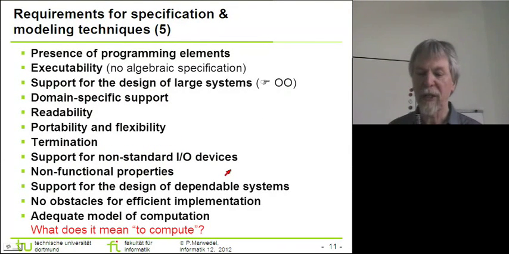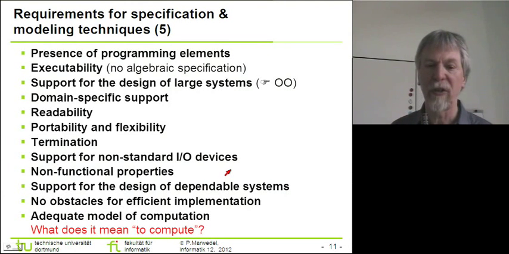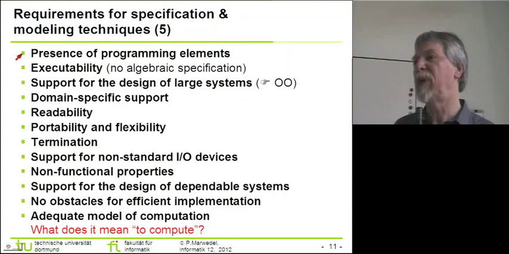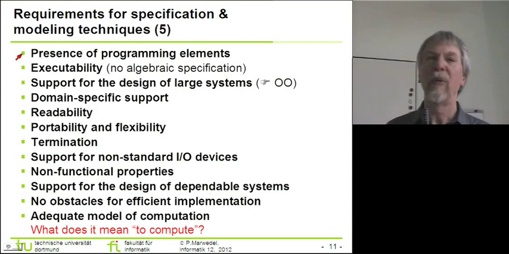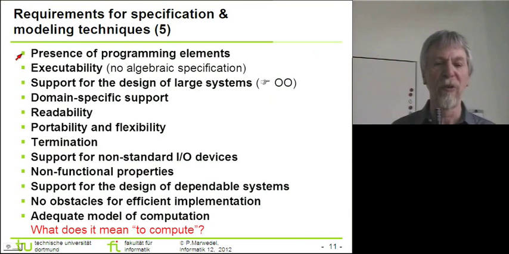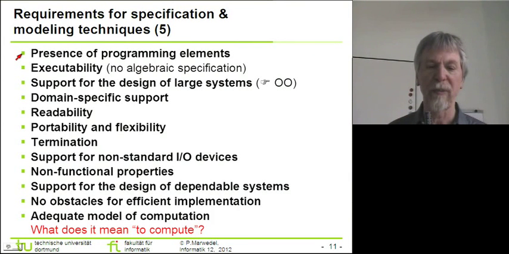Now there's a quite long list of additional requirements for specification and modeling techniques. For example, it would be very convenient to have programming language elements available. We know that for specifying complex algorithms, recursions, loops, etc. are very convenient.